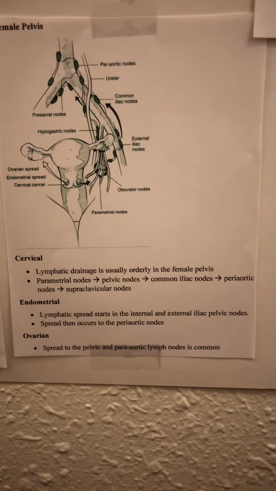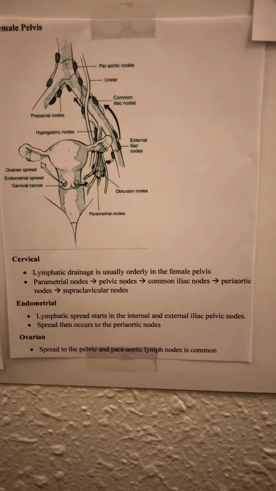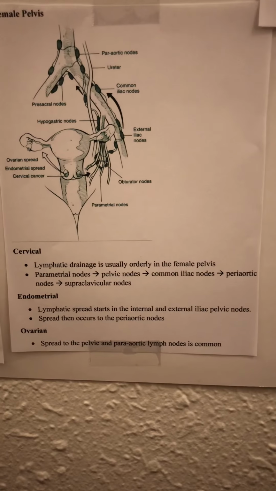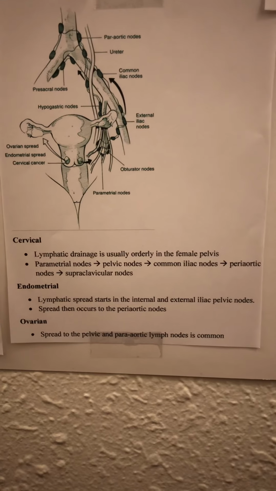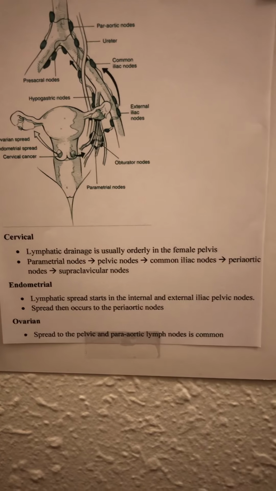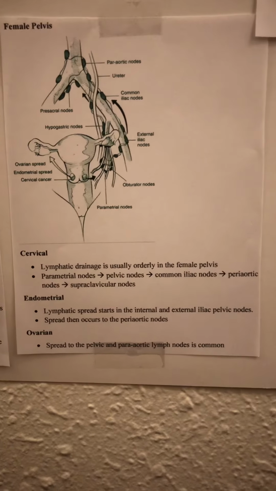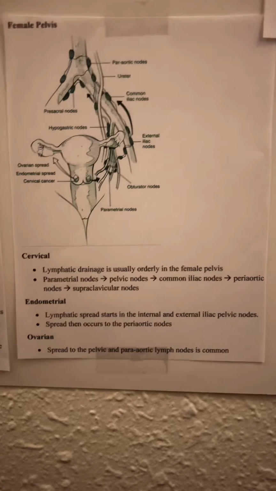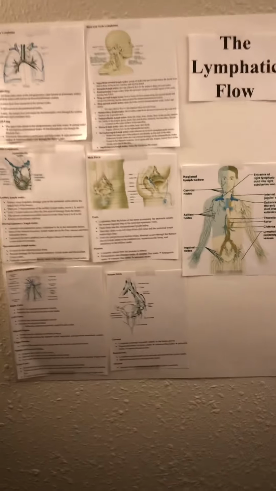For endometrial, the lymphatic spread starts in the internal and external iliac pelvic nodes, and then it spreads to the periaortic nodes. And then for ovarian cancer, spread can happen to the pelvic and para-aortic lymph nodes. That's not common for ovarian cancer, though. A lot of times the cancer spreads through seeding and just directly through metastasis. But yeah, that is my lymphatic project.